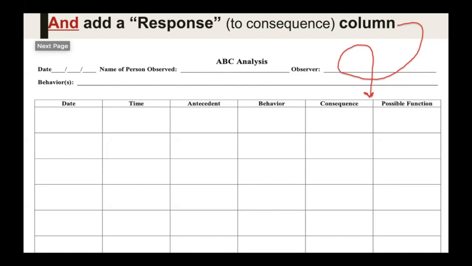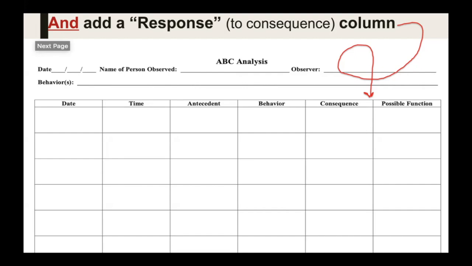And on what day, at what time did that behavior happen? And what came before it? What followed it? Well, we should probably put in another column there. Once the consequence happened, whatever followed that behavior, how did the student respond to that consequence?